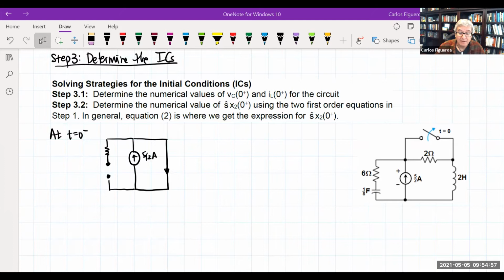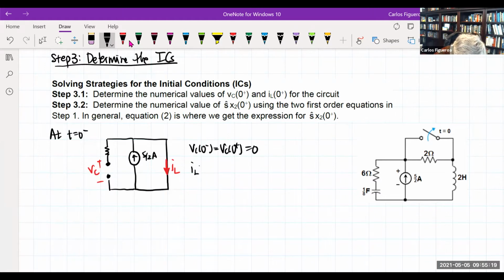It tells me that VC immediately, you know what, I should have done this like this. So this is IL and this is VC. You can see that the inductor kills off the capacitor voltage. So this immediately tells me that VC of 0 minus, which is of course VC of 0 plus, is 0. IL of 0 plus is then going to be 5/2 amps. Okay, I got my 2 of them.